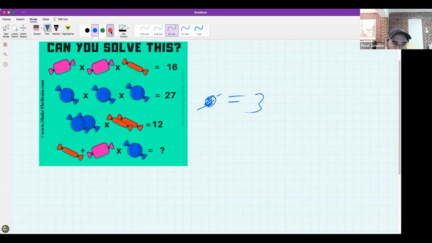So the red suites, let me be careful here. Okay, so this has to be 3. 3 times 3 times 3 is 27. Then if this is 3 and that's 3, 3 plus 3 is 6, sorry. So this is 2, so that must be 1 and 1.